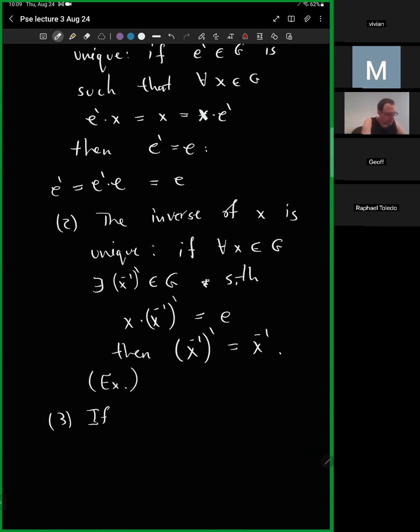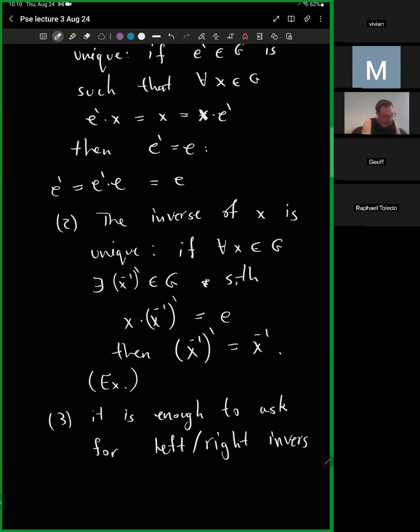Let me just say it briefly. You can find the details in the notes. It is enough to ask for a left or right inverse instead of two-sided.